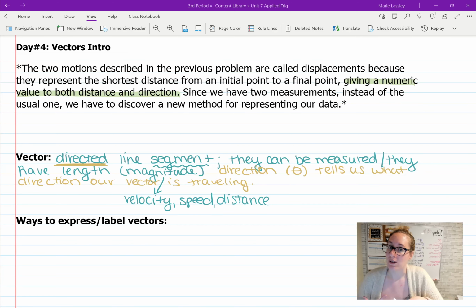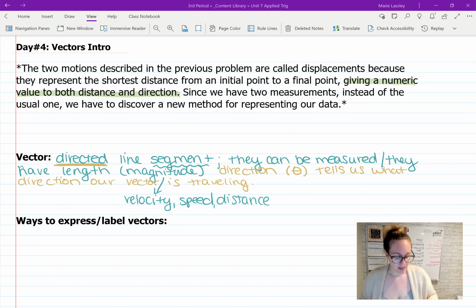Other words that would describe this, if we were doing a word problem, would be velocity, speed, distance. Those are all talking about the length of your vector, or your magnitude. Those are your basic vocab words, and that's what a vector is: a directed line segment, a line segment that has both length and direction.